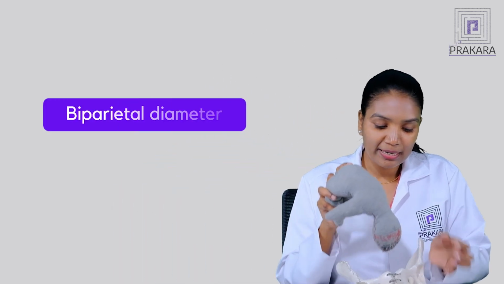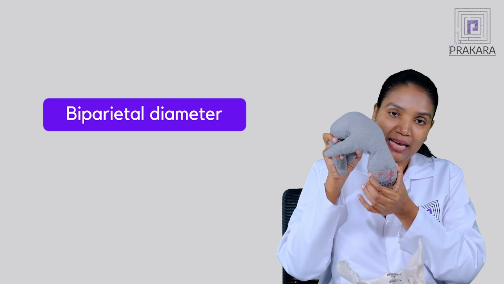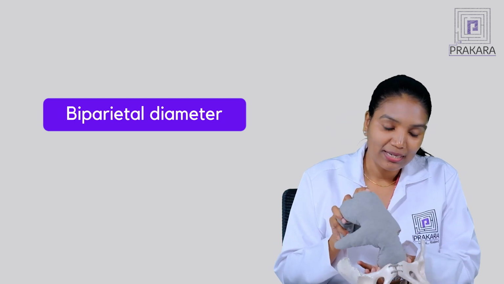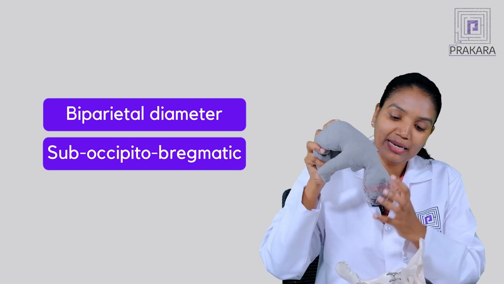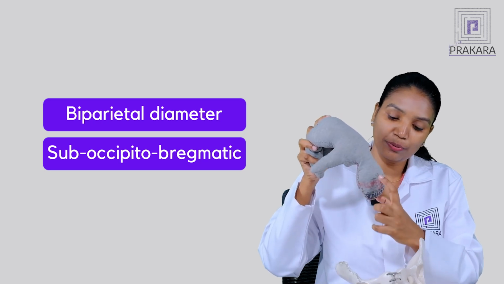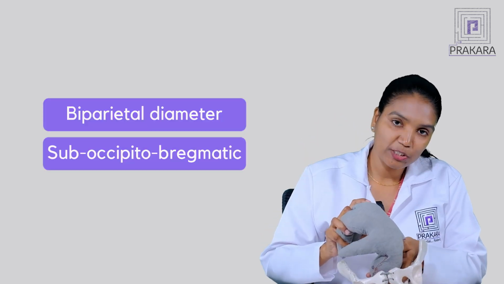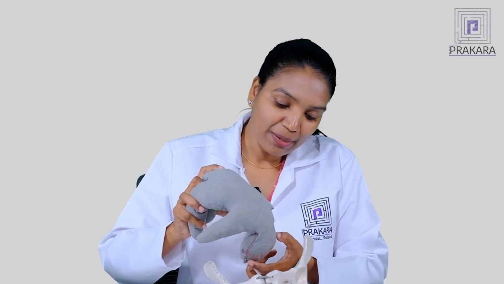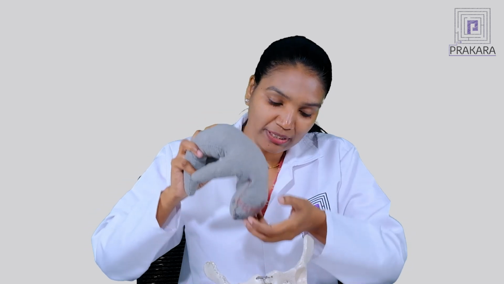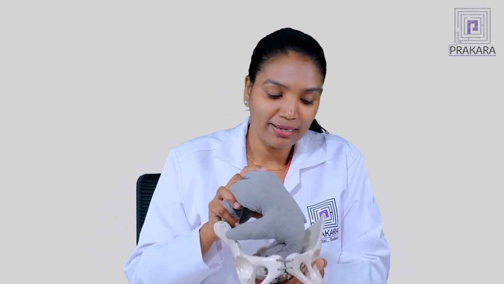The biparietal diameter is placed exactly in the transverse diameter of the maternal pelvis. The suboccipitobregmatic runs from below the occiput to the bregma. The suboccipitobregmatic is the vertical diameter and the biparietal diameter is the horizontal diameter. So the vertex is the portion getting engaged in the inlet or brim of the maternal pelvis.